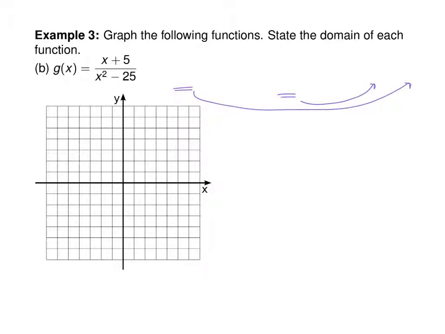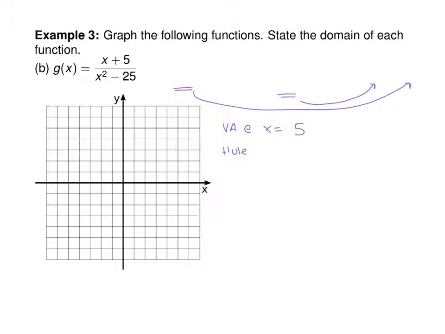Which one of those is a vertical asymptote and which one of those is a hole? Okay, so 5 came from the factor that didn't cancel, right? So 5 is a vertical asymptote. I meant to write hole for the other one.